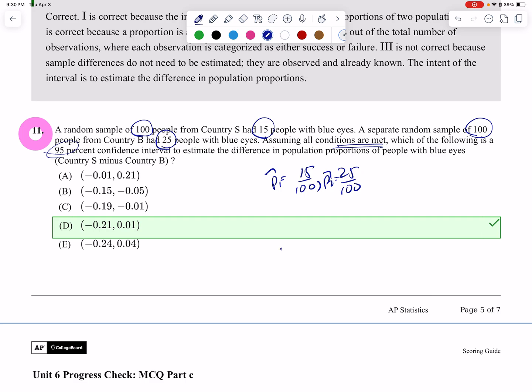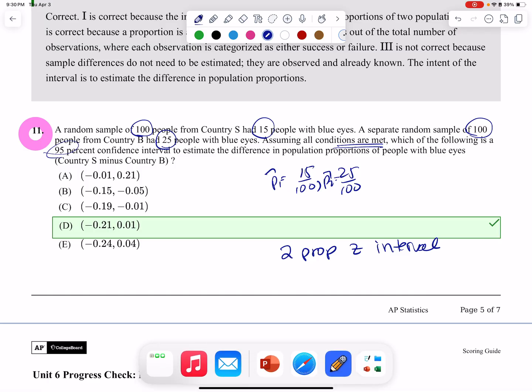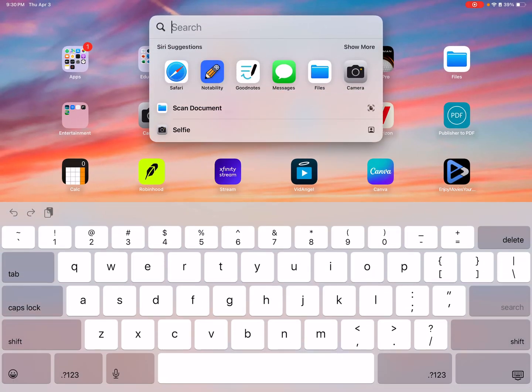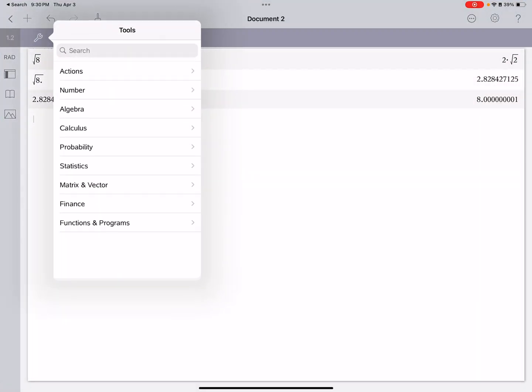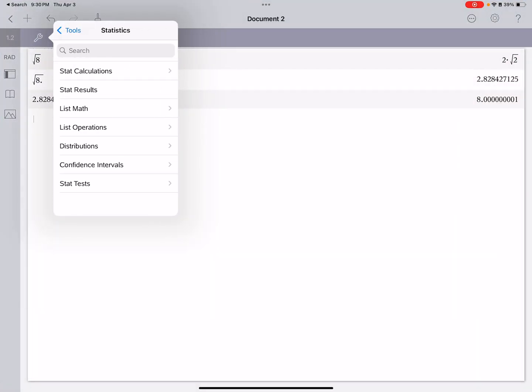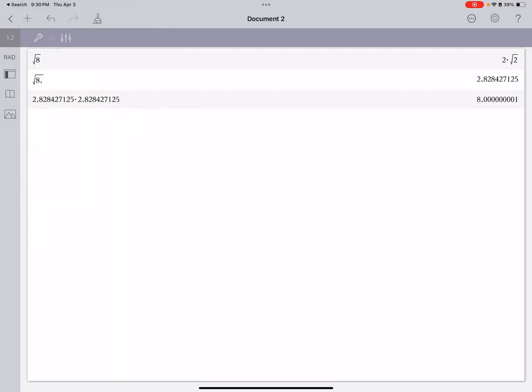So I'm just going to have you guys put this into a 2-prop Z interval in your calculator. So it wants 95%. Let me bring my calculator up. You're going to go Menu, Stat, Interval, 2-Prop Z Interval.